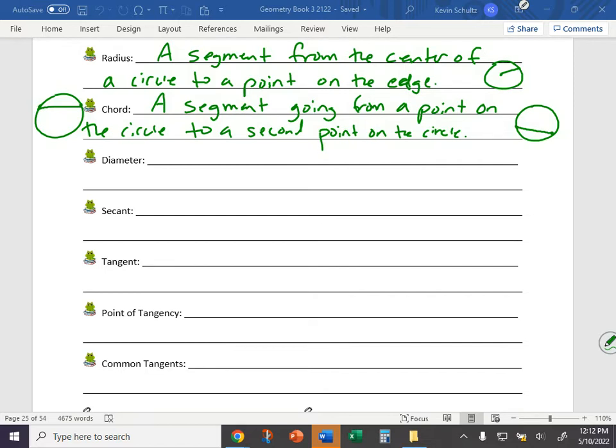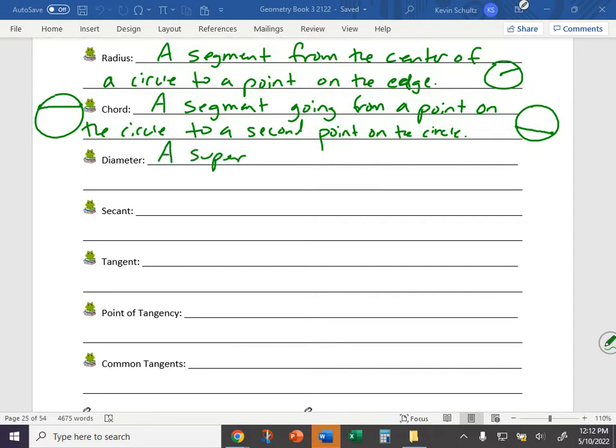And now that you've been given the definition of a chord, a diameter is really just a special chord, right? Because the diameter starts with a point on the circle, runs through the center to another point on the circle. That's the same definition as a chord, with the extra caveat that it passes through the center. So the diameter is really a chord, just a super special one.